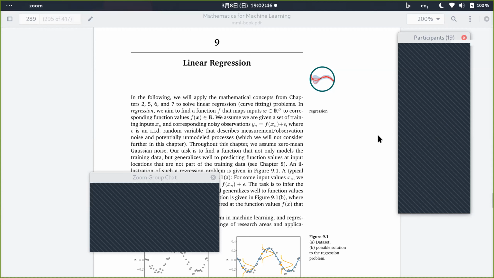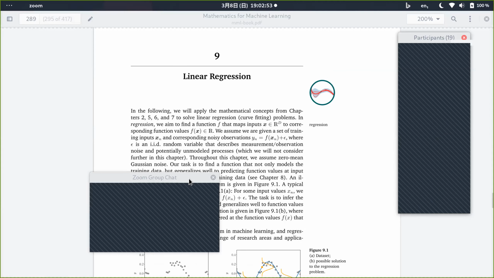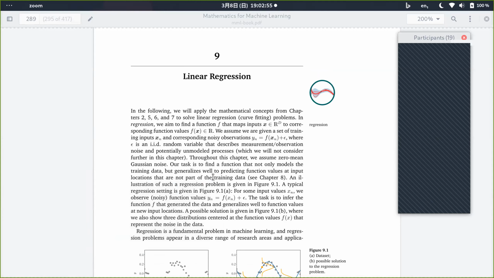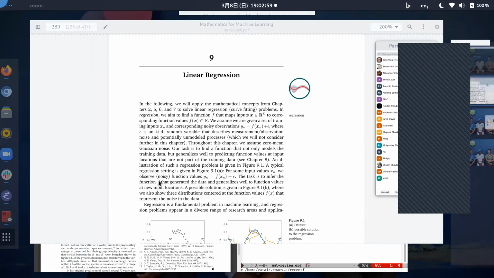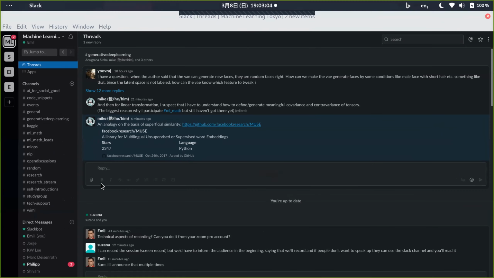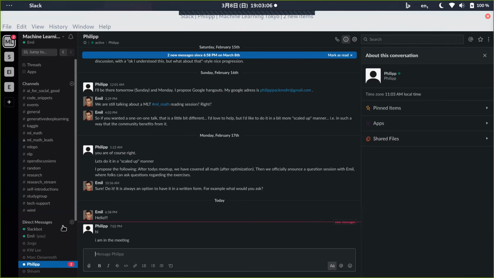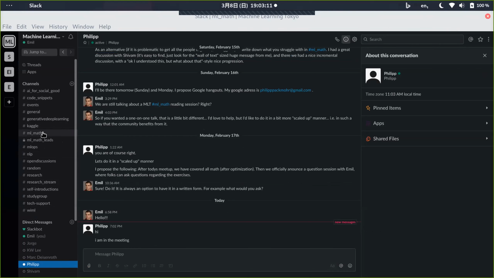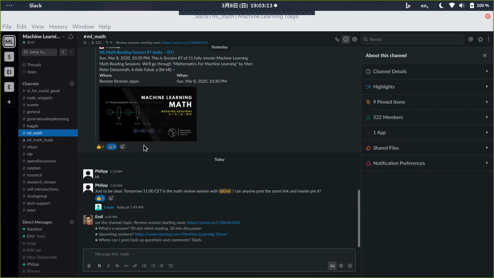So review session for the Moku Moku math book reading session. And what we usually do is, first, maybe we should check out the communication channels. Okay, Philip is hopefully here. Hi, I'm here, I'm in the meeting. Yes, okay, wonderful. Great. Then actually I will start with you, and then I'll do the whole intro thing, because that was my original plan.